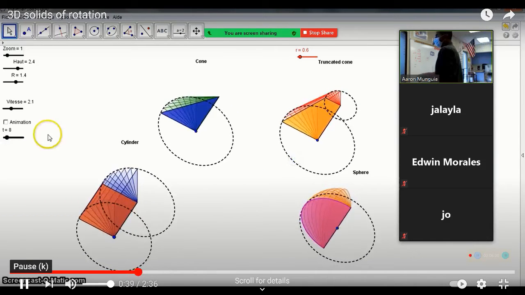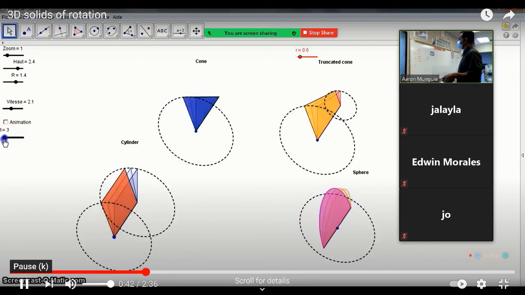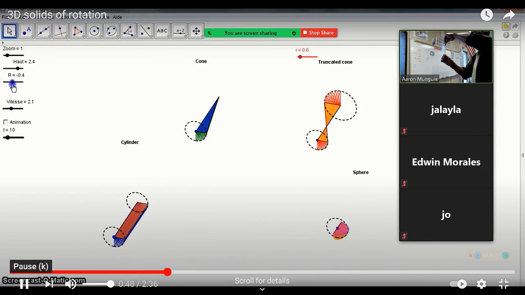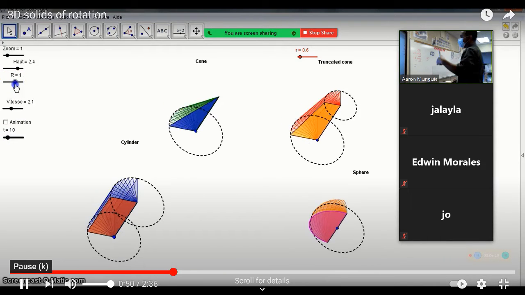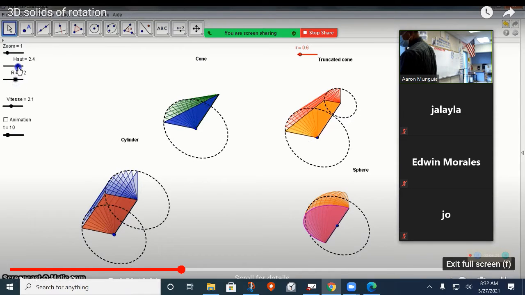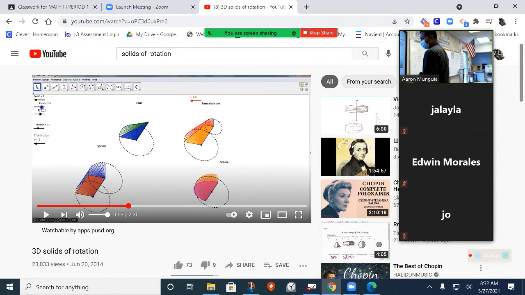Okay? These are called solids of rotation because you're rotating a two-dimensional shape, 2D, around an axis, and it creates a three-dimensional solid. Now when I say solid, remember I'm talking about three-dimensional figure.